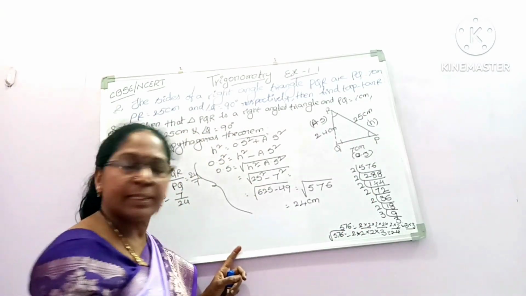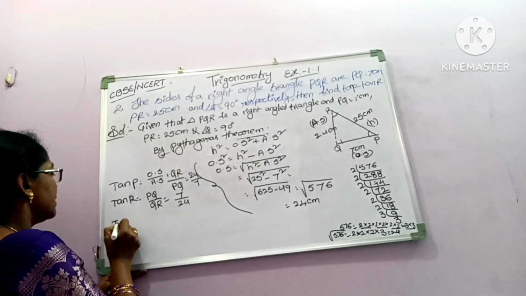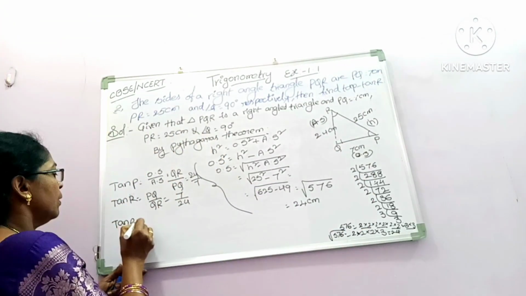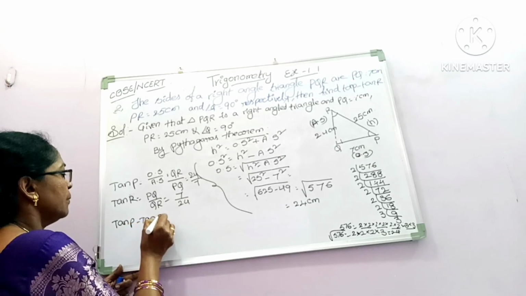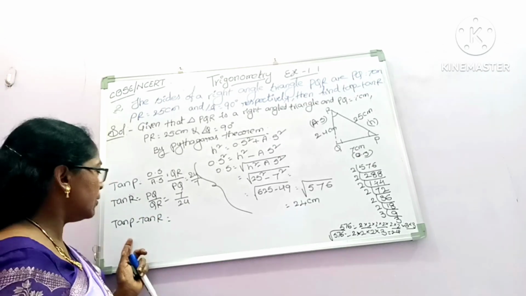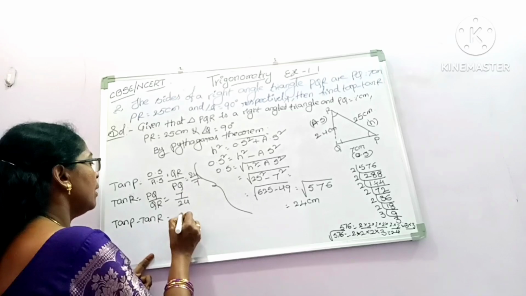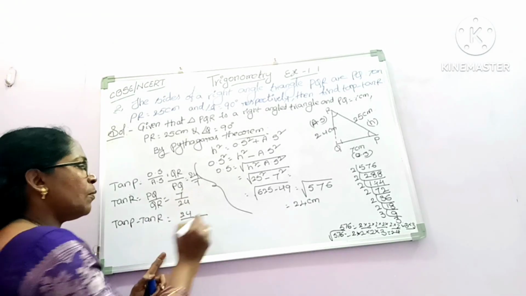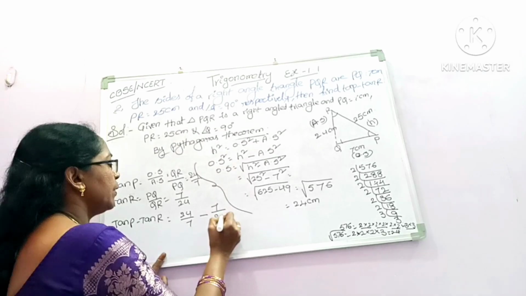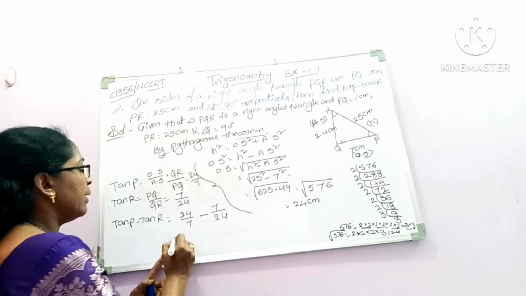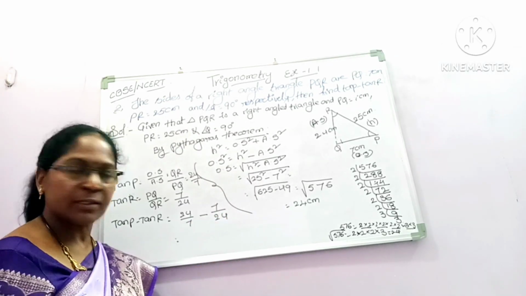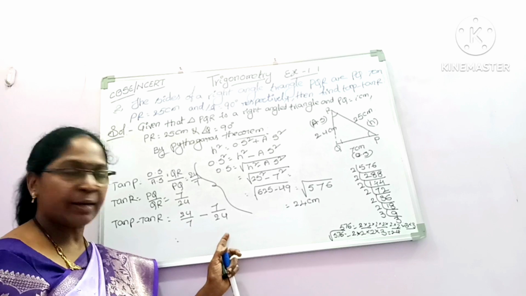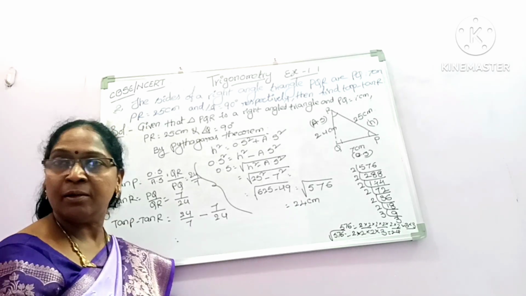Next what you have to find out? Tan P minus tan R. Now substitute the values here. Tan P equals how much we got? 24 by 7. Minus tan R equals how much? 7 by 24. Now these two are fractions. So how to subtract the fractions?